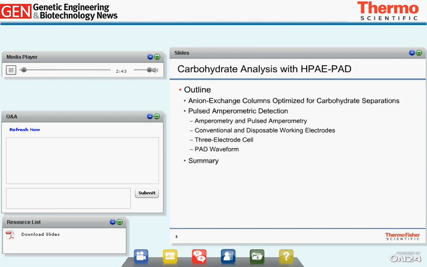There are two contributions making HPAE-PAD a powerful tool for carbohydrate analysis. First, there are the efficient resin-based anion exchange columns of the Carbopac series. The Carbopac columns are used in combination with pulsed amperometric detection in specially designed 3-electrode cells utilizing optimized sequences of potentials called waveforms.